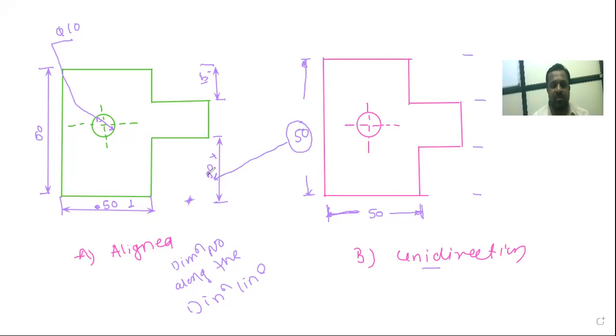In the aligned system, your dimension numbers are along this line, and here your dimension numbers are vertical to this line, like this. You have to know that is the simple difference.